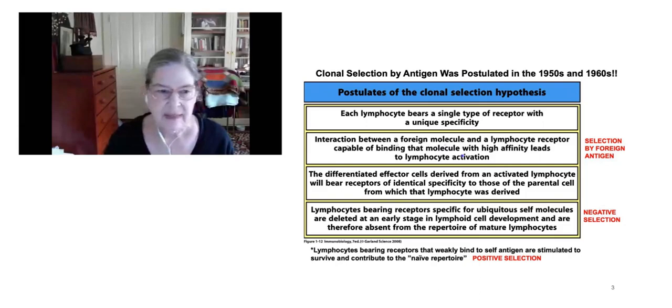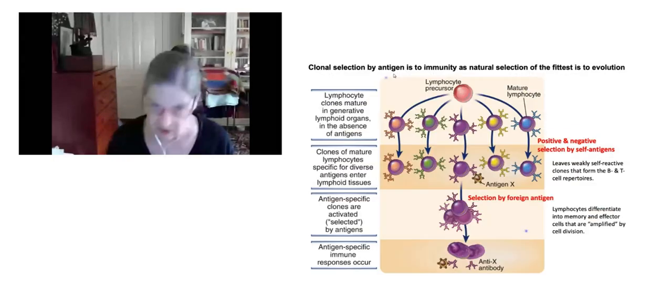But then the effector cells are going to be selected later on by antigen. But when you're developing your repertoire, your T cell and B cell repertoires, all those cells are going to undergo negative and positive selection, and that's what this slide is about.